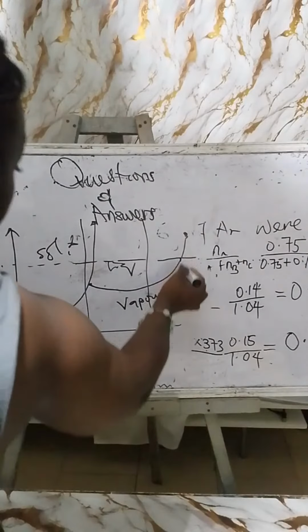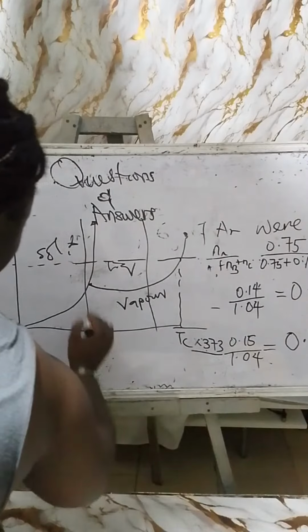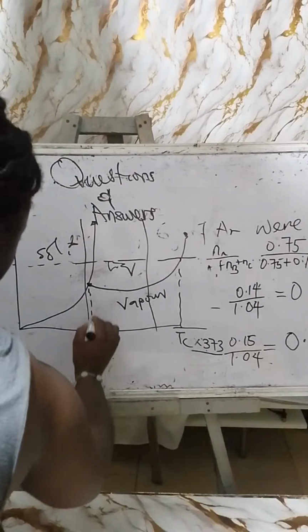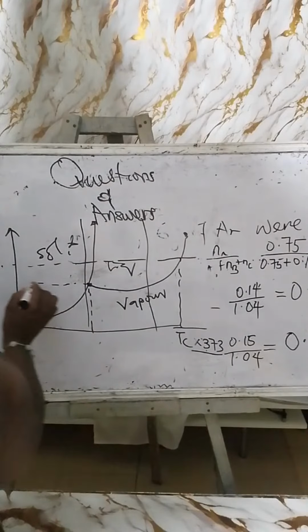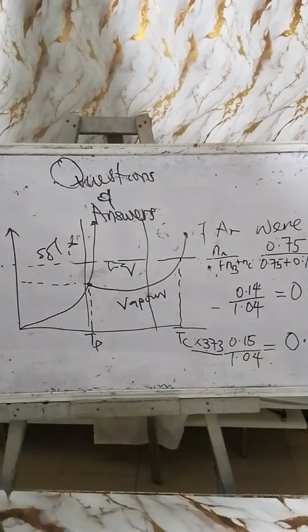Then from here we have TC. Down here we have TP. So the question is, what is TP and TC?